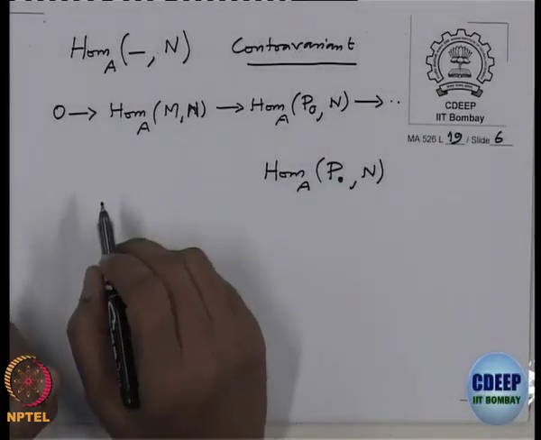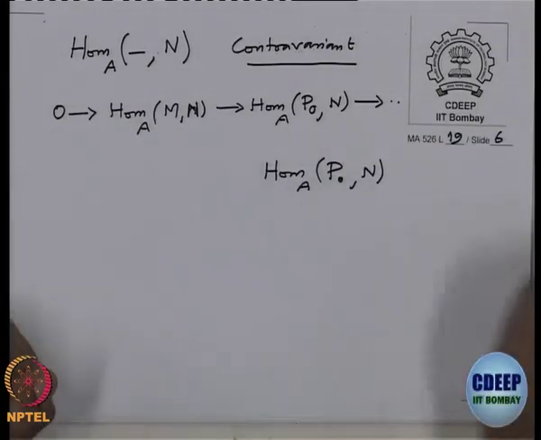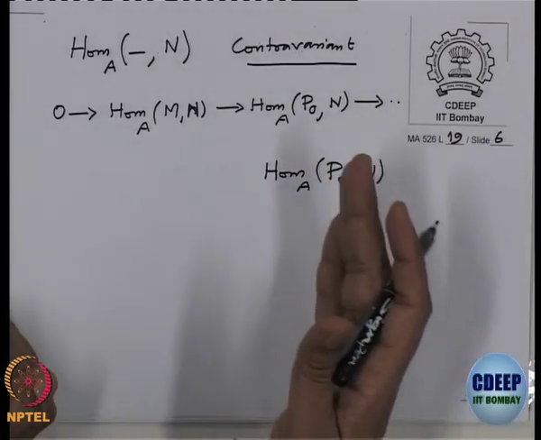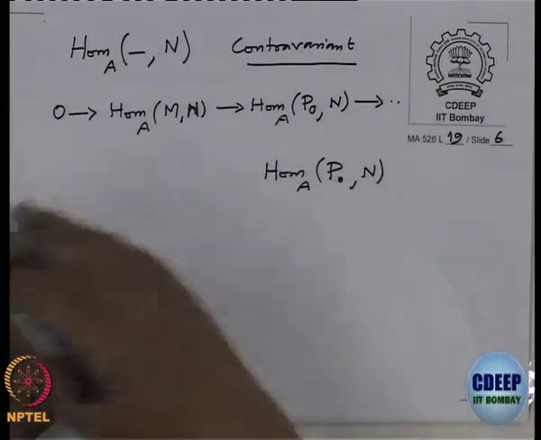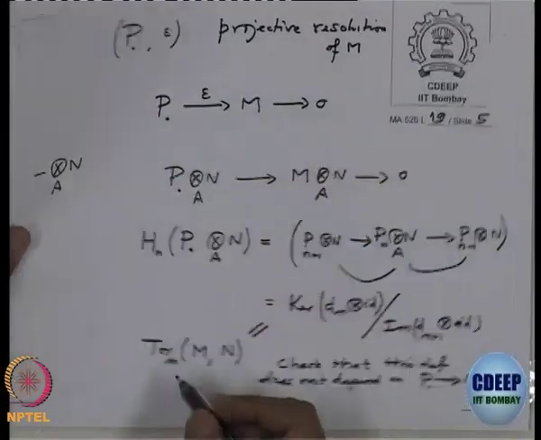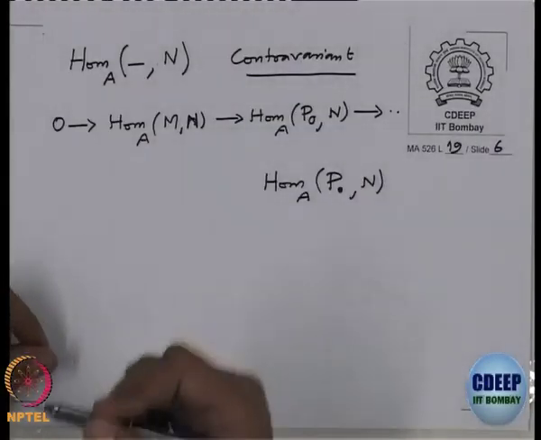So, you get therefore a complex again, and now we can again take homology, but as we said, when it is on one side of the 0, the suffixes, the n is denoted down or up. Like Tor n, these I have denoted down. So, here in that case I should denote it up.